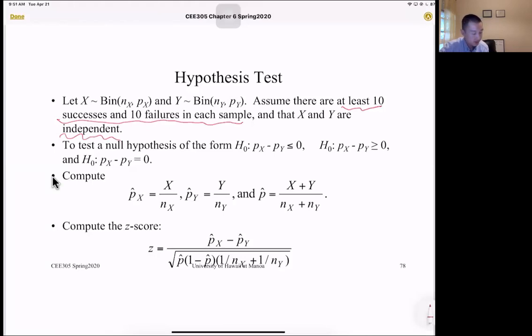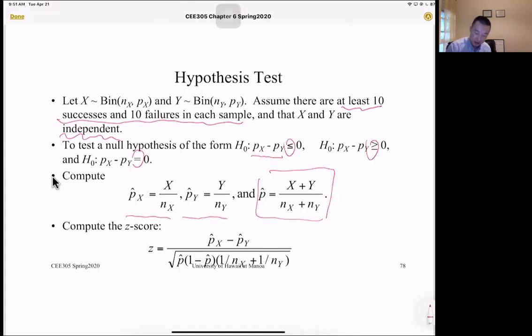Then, depending on how H1 is asked, H0 will be the difference between px and py less than or equal to, larger than or equal to, or equal to 0. Then we calculate the sample proportions px and py, and the pooled proportion, depending on the successes of x, y, and the sample sizes.